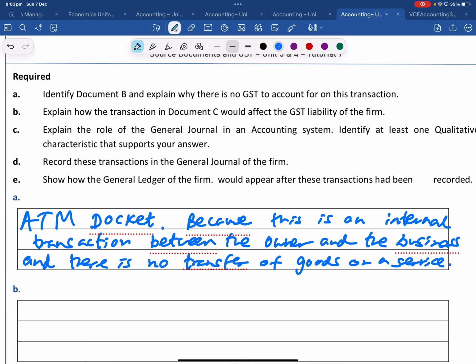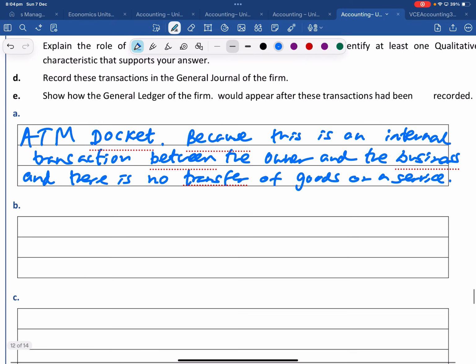Then how does it decrease the GST liability? We haven't paid it to the ATO, have we? It's on behalf of the ATO. So Faber's Energy can't retain that GST; they have to forward it to the ATO. So it is indirectly paying the ATO. Good. So write it.